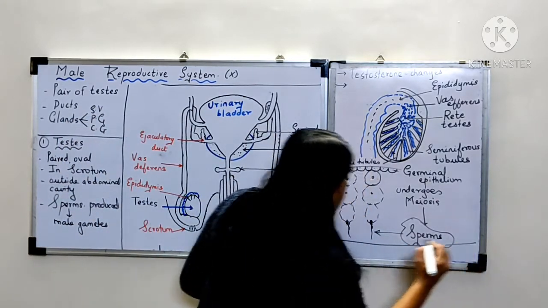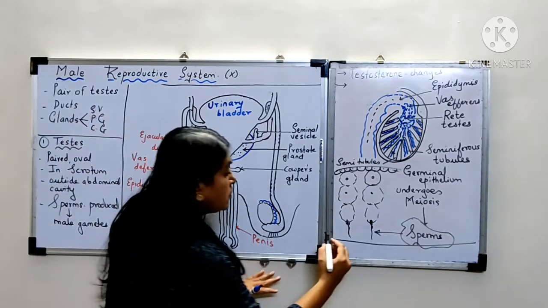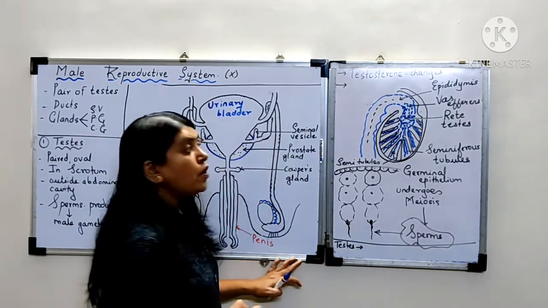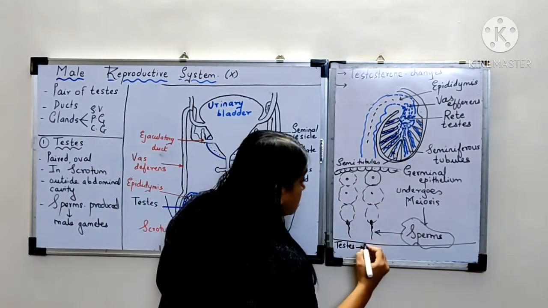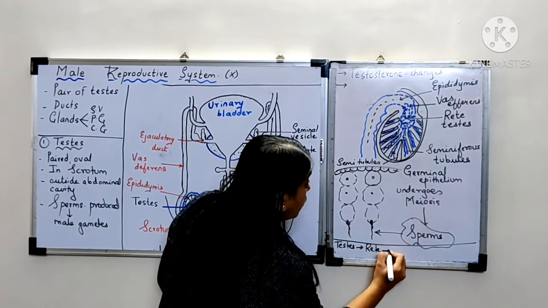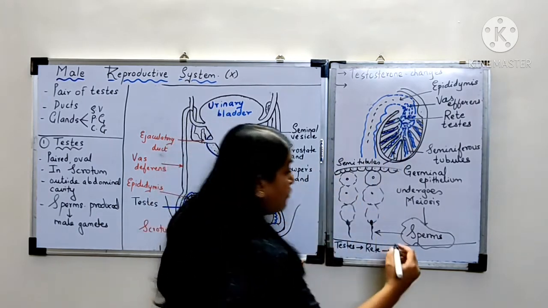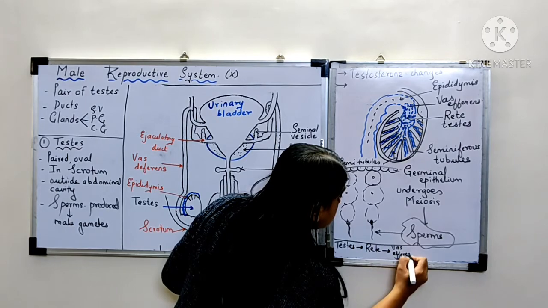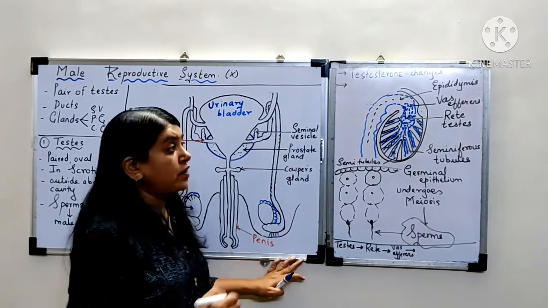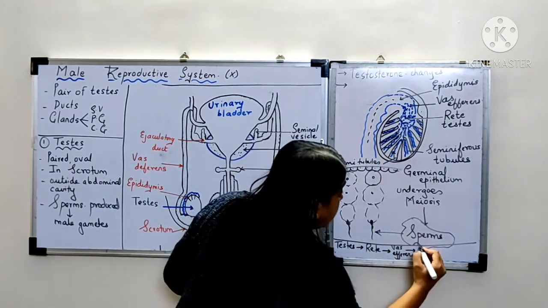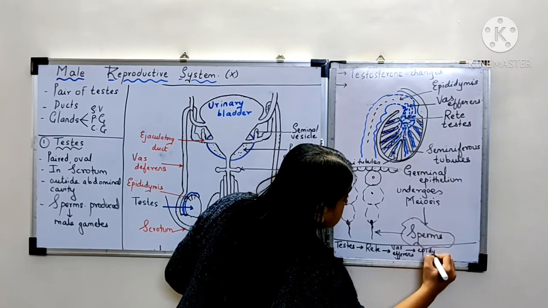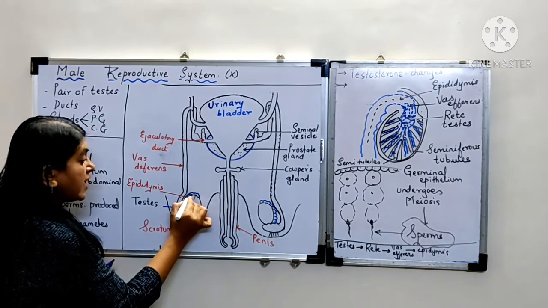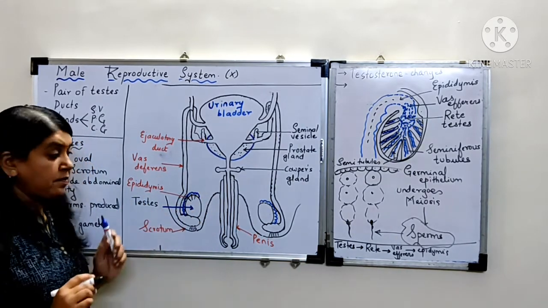First, from the testes, that is seminiferous tubules, to the rete testis, from rete testis to the vas efferens, from vas efferens to the epididymis. Alright, that means the sperms have reached over here in the epididymis.